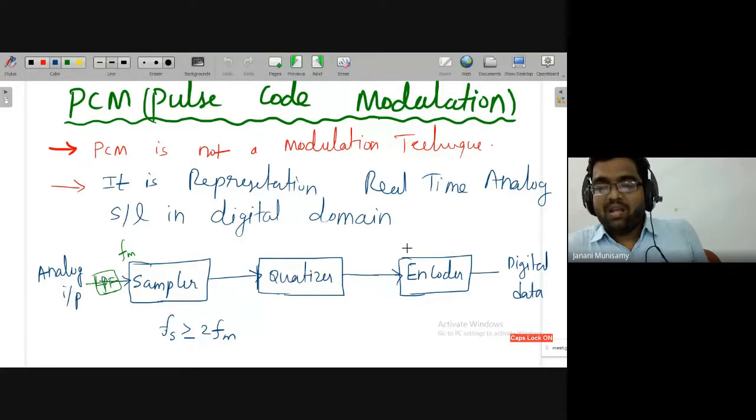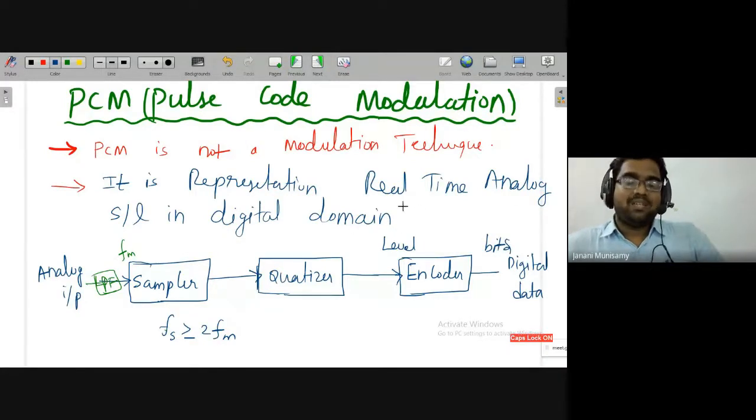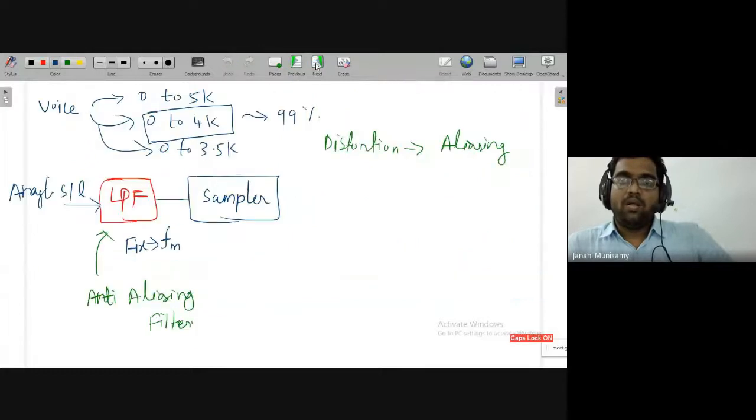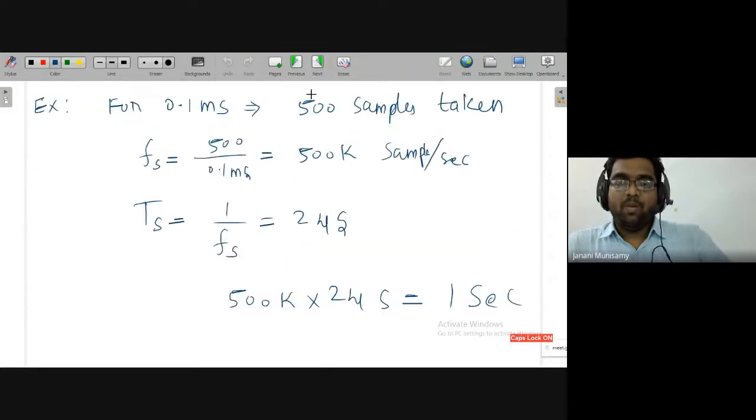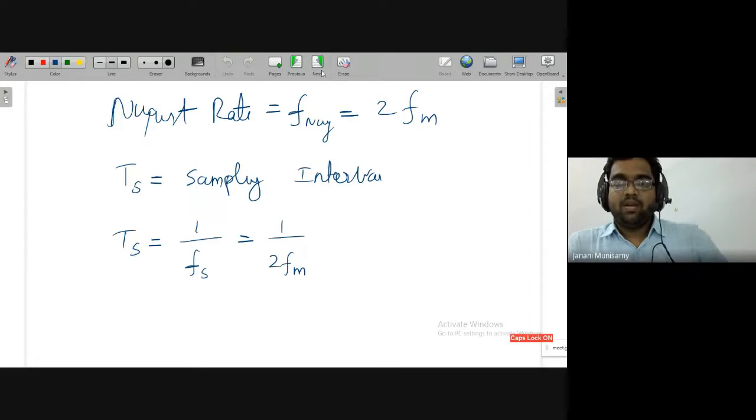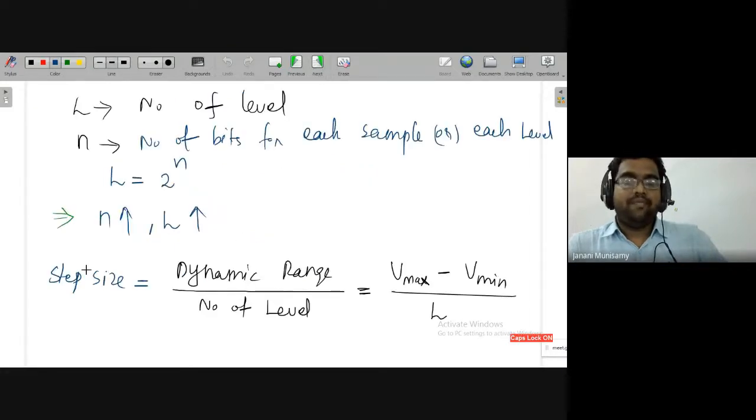Encoding means assigning bits to each level. Then we saw the basics: how to fix FS, what the minimum FS should be, and the relation between FS and TS. Next we defined step size. Step size depends on the number of levels and the dynamic range.